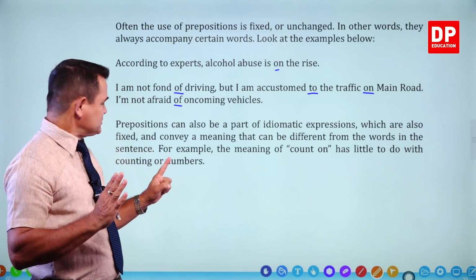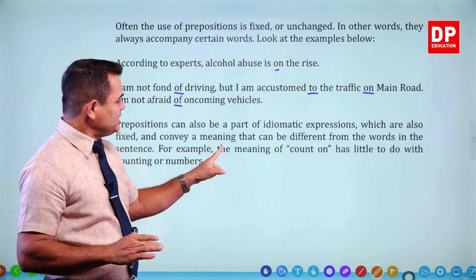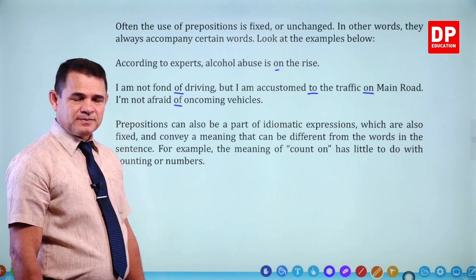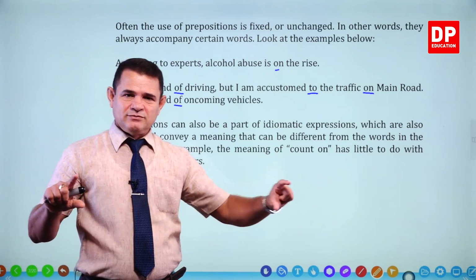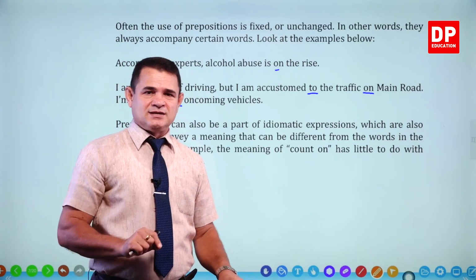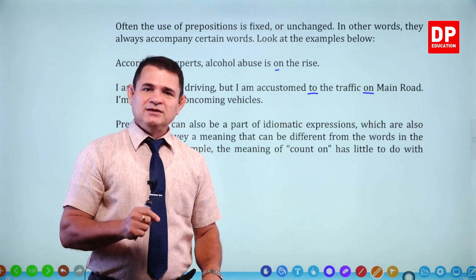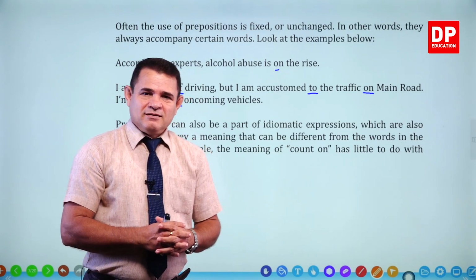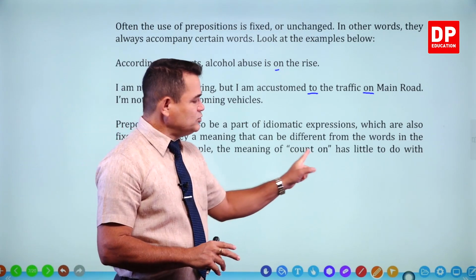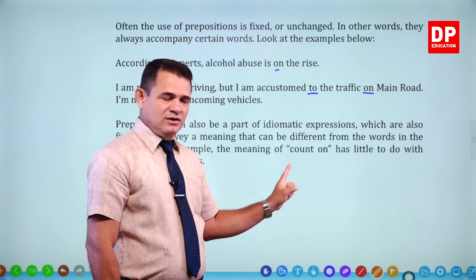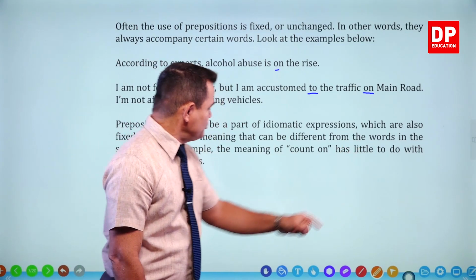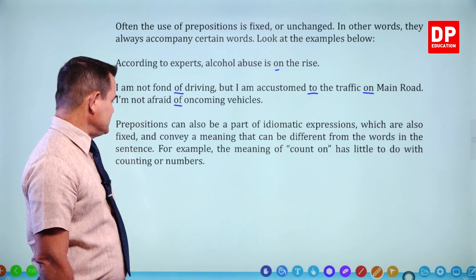Their meaning is also fixed and convey a meaning that can be different from the words in the sentence. sentence එකේ තියෙන වචනවල තේරුම් එකින් එක translate කරලා නැත්නම් පරිවර්තනය කරලා ගත්තට ඔයාලට තේරුමක් ගන්න බෑ. ඒක වෙනස්. For example, the meaning of count on. Count on කියන එකේ තේරුම has little to do with counting or numbers.